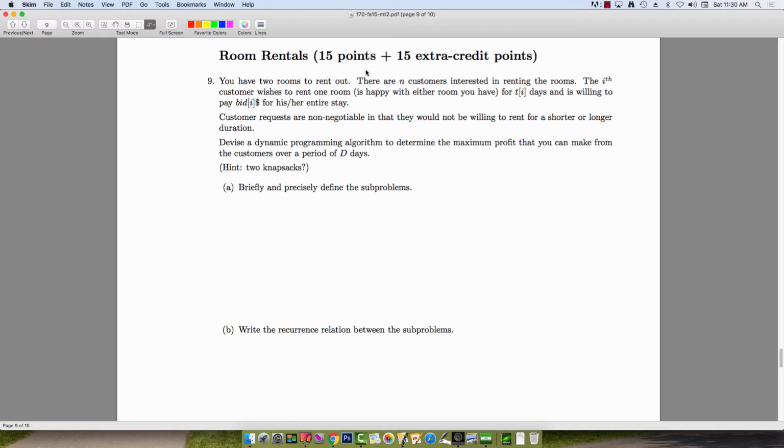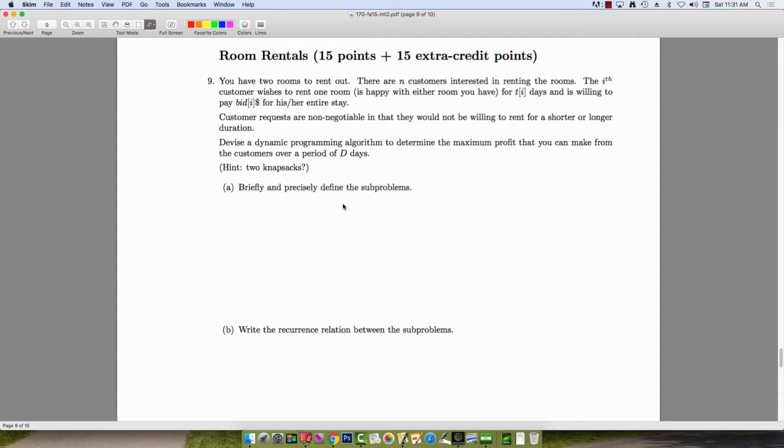I can't really stop someone from booking a room that extends past the first D days and goes into the start of the second room, right? That's a problem I can't really overcome if I define my subproblem in that way. So that's not what I would consider a great subproblem.